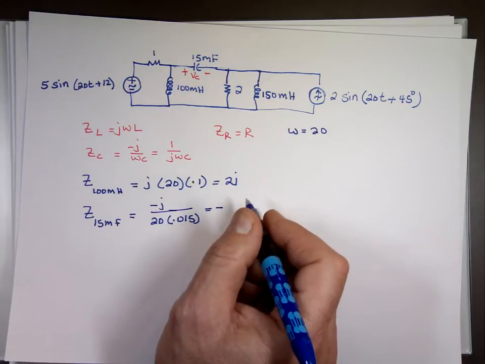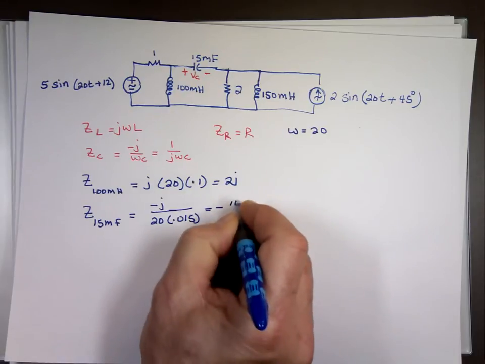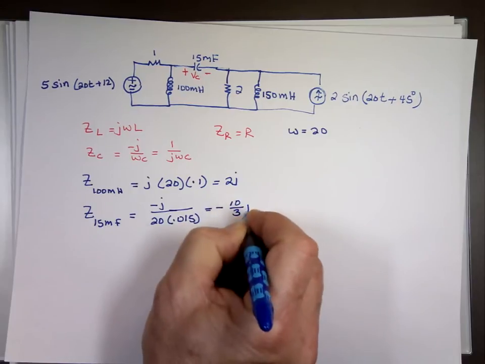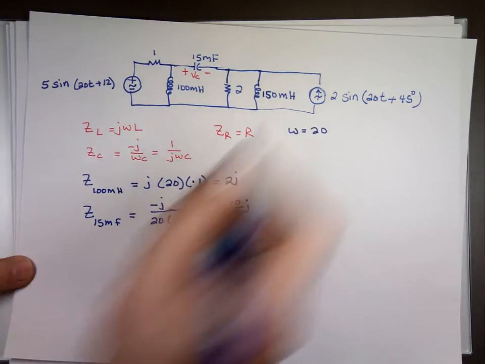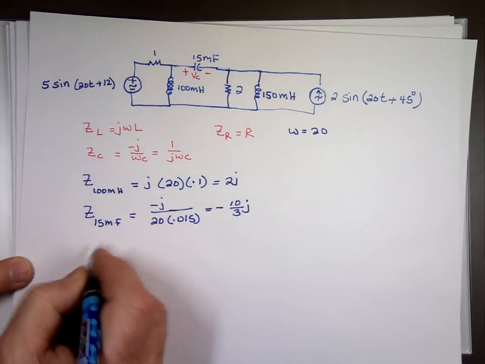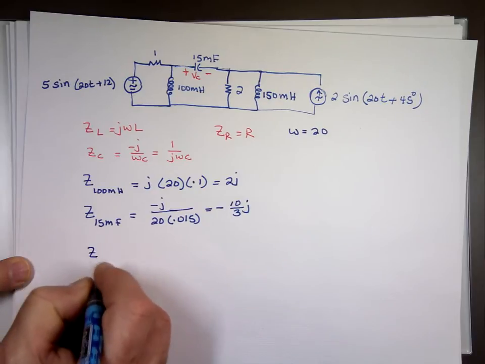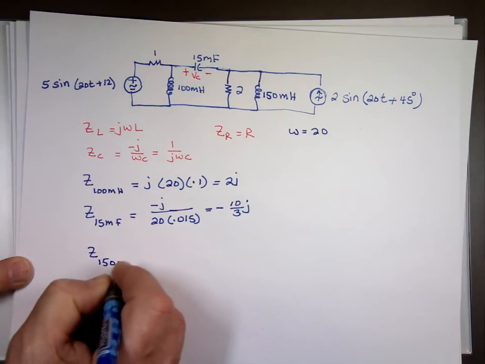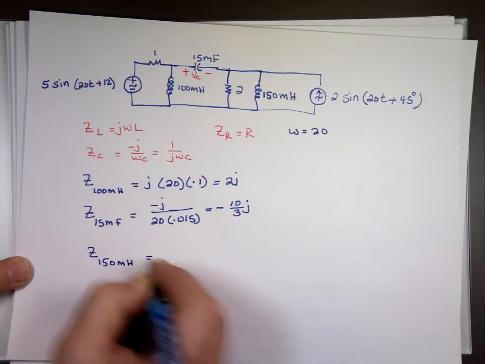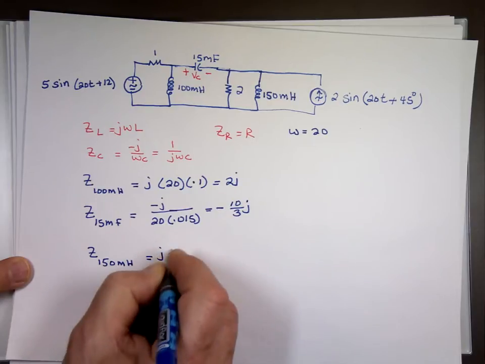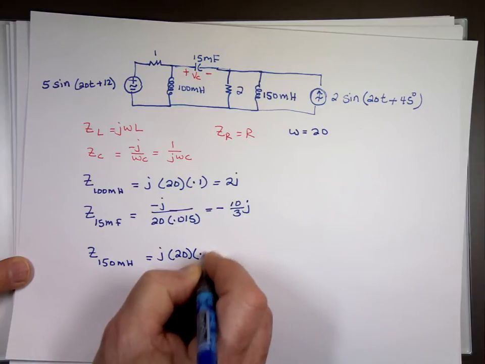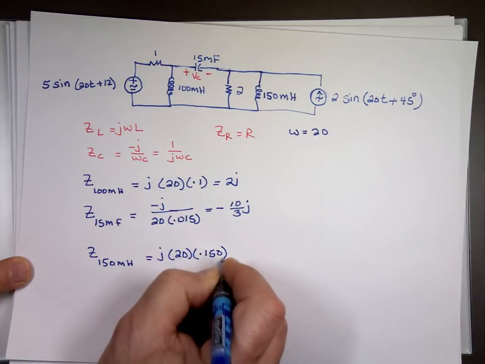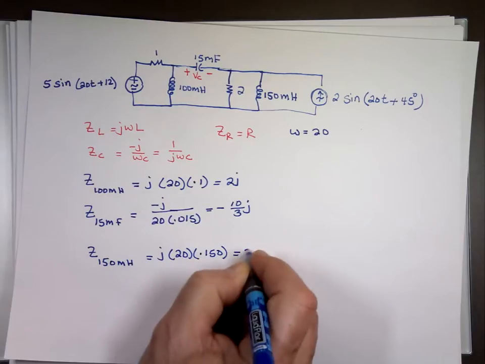For, is it 10/3? I think. Negative 10/3 j. And for that 150 millihenry, is going to be j times omega, which is 20 times 0.150. I think that's 3j.